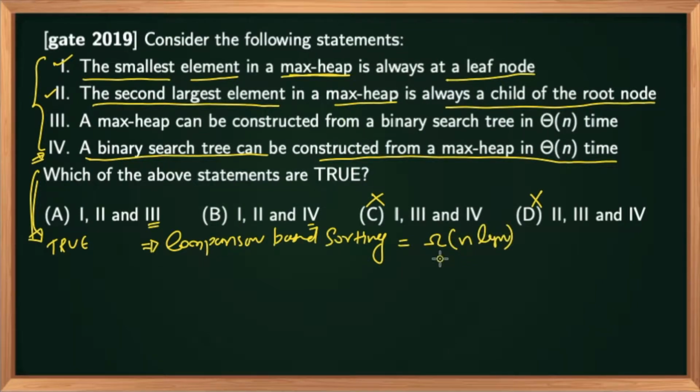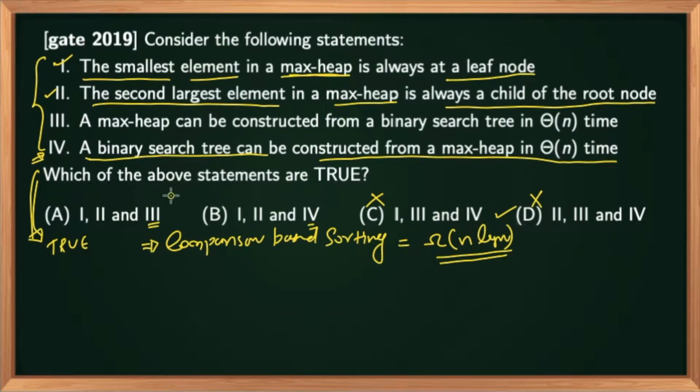That means you cannot sort an array using comparison based sorting with less than n log n time complexity in the worst case. So that is the meaning. If you want to sort using comparison based sorting, it will take n log n time. There is already a proof for this.